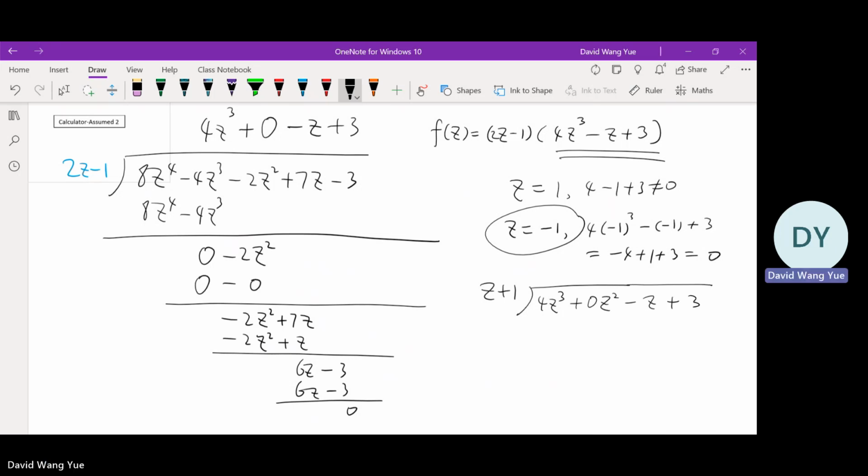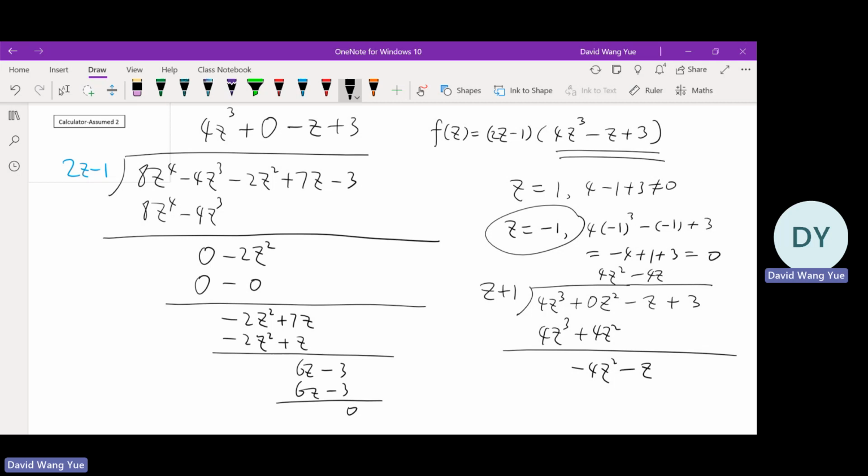In order to keep the format of polynomial when there's no z squared, we still need to write 0 times z squared. Okay, so now we do another round of long division, 4z cubed divided by z, 4z squared. 0z squared minus 4z squared, negative 4z squared.